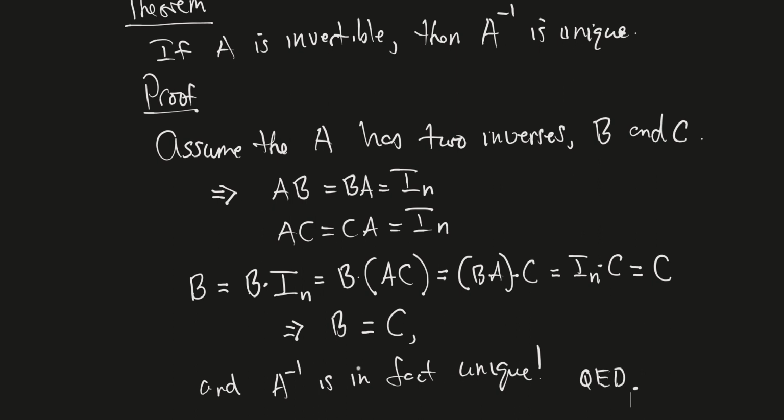When you think about the process that we use to find the inverse, it makes sense, because if we're going to use Gauss-Jordan, it doesn't make sense to do the process one time and get a certain matrix, but then do it another time with the same starting matrix A and end up getting a different matrix for the inverse.